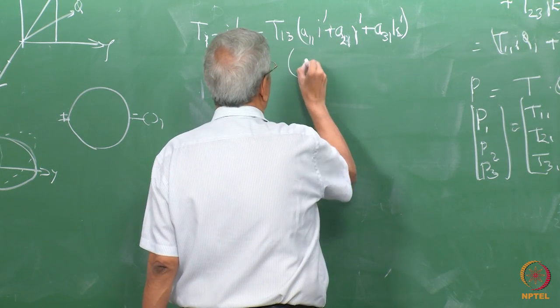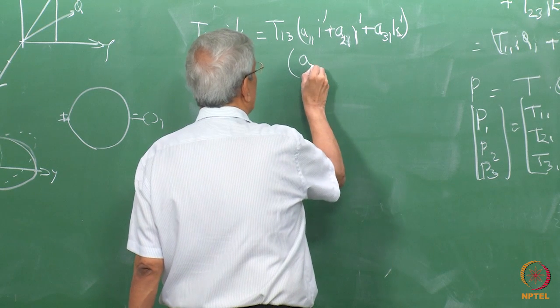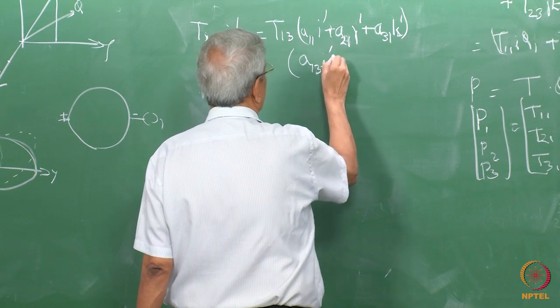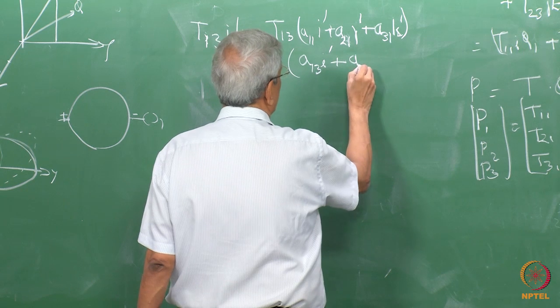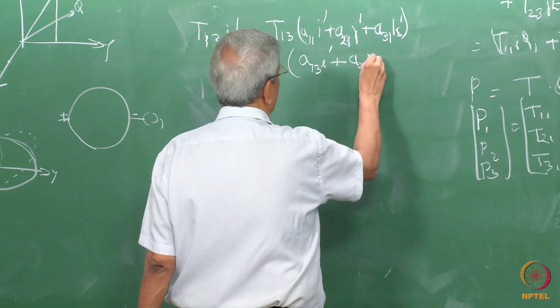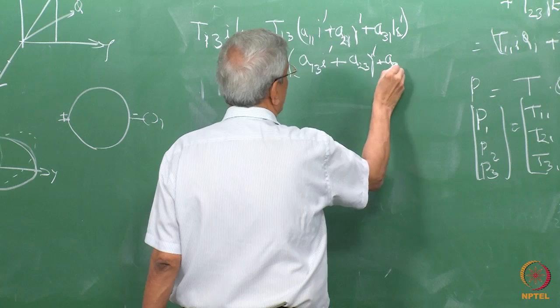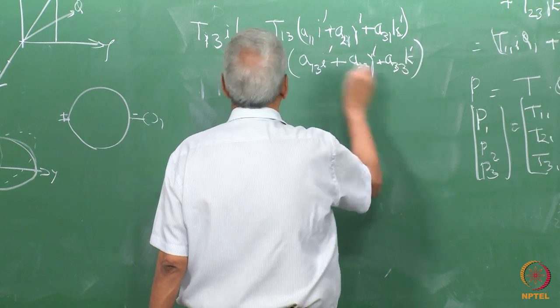Into A13 i dash plus A23 j dash plus A33 k dash, correct?